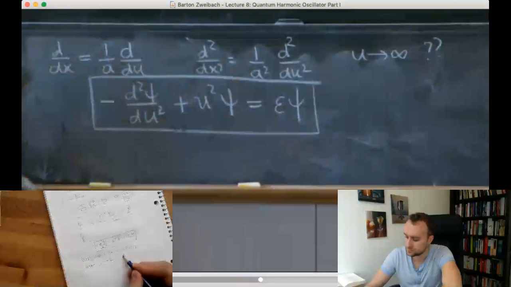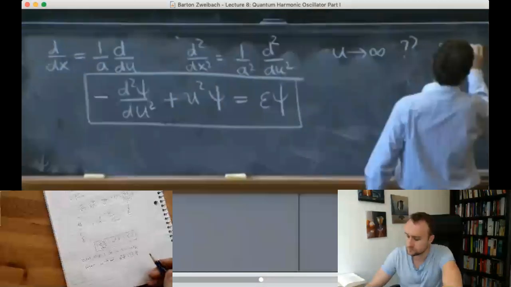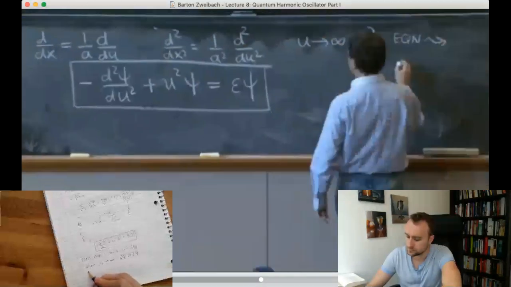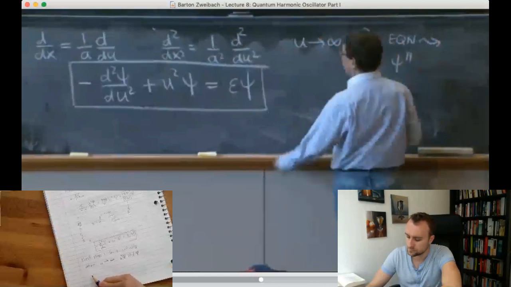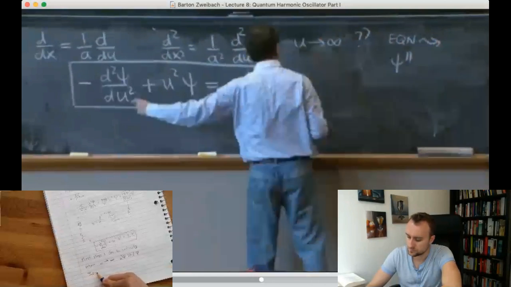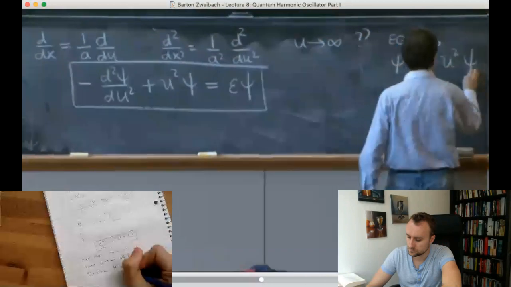So as u goes to infinity, the equation becomes psi double prime, prime is for two derivatives, equal to u squared psi.